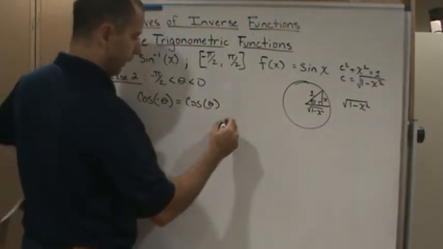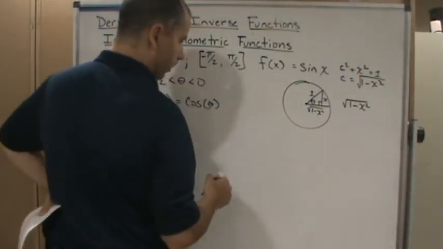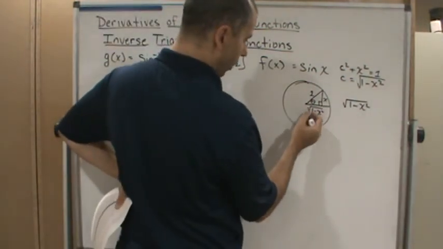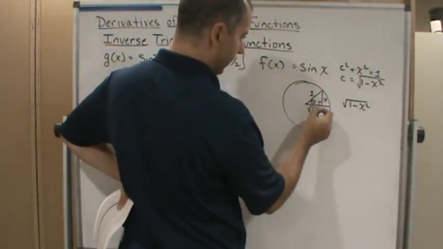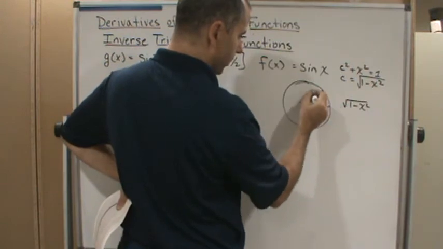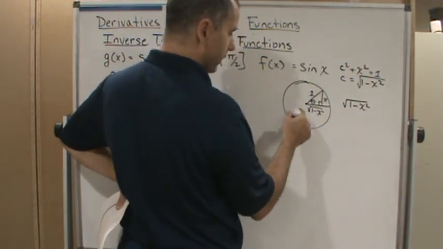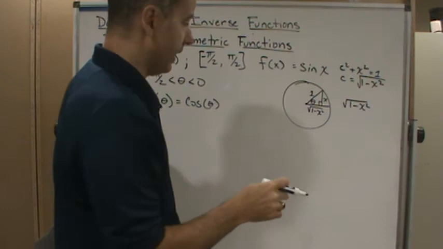Why? If we go to the unit circle, in the first quadrant or the fourth quadrant, cosine is the same.